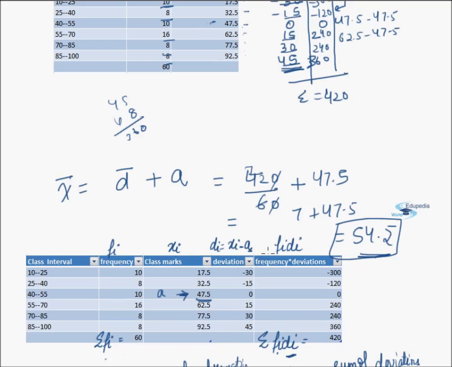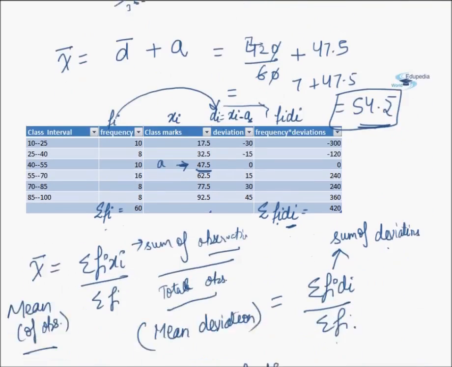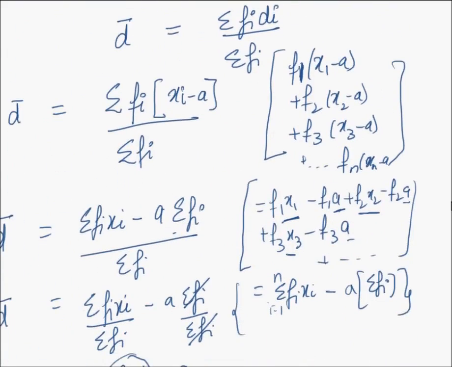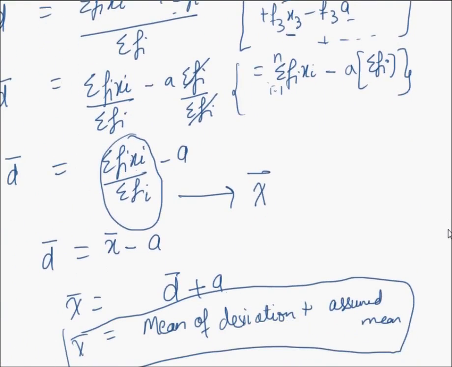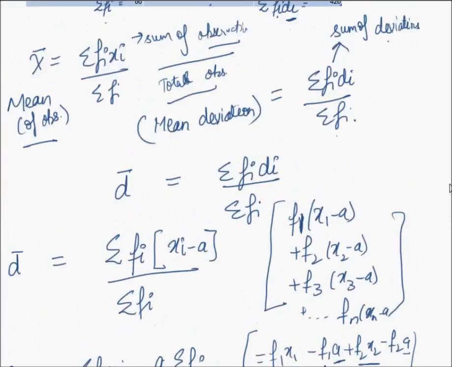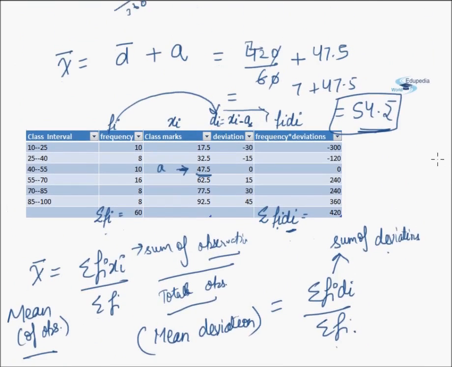Then we made the product of frequency with these deviations in this column. Then we derived a formula on how the mean deviations are related to the mean of the given observations, and the formula was coming out to be mean of observations is equal to mean deviations plus assumed mean.